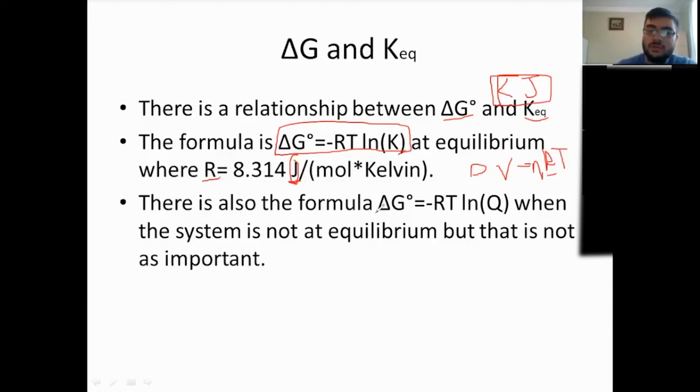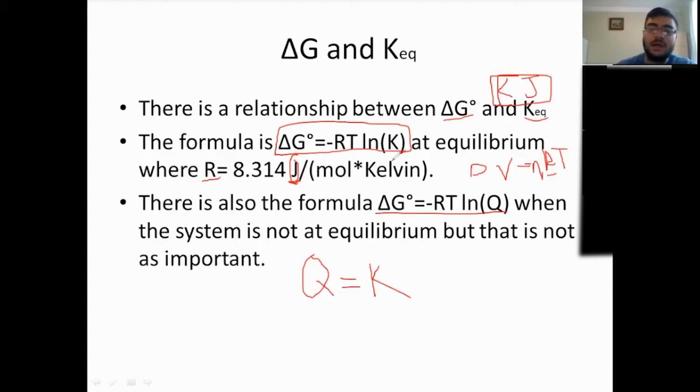There's also this formula, delta G standard equals negative RT ln Q. Q is K when it's not at equilibrium. K is an equilibrium constant, so it's always at equilibrium. If you have a K, that means the reaction is at equilibrium.